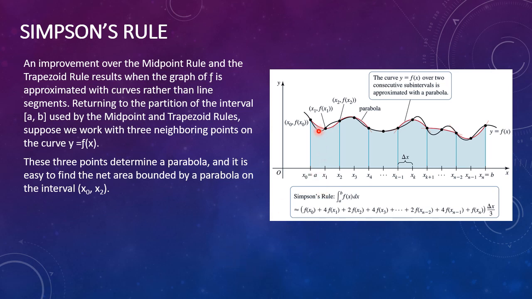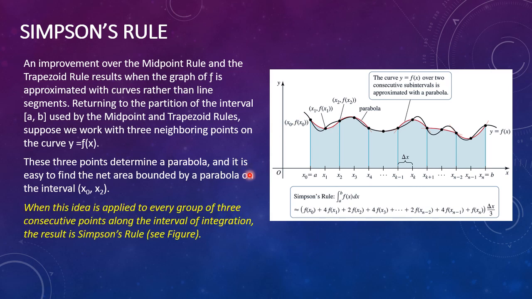These 3 points determine a parabola, and it is easy to find the net area bounded by a parabola on the interval x sub 0 to x sub 2. So really we're looking for the integral over this between x sub 0 and x sub 2 if we create this natural parabola shape. Okay?